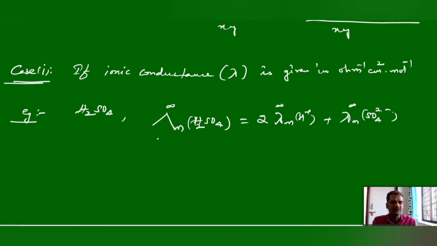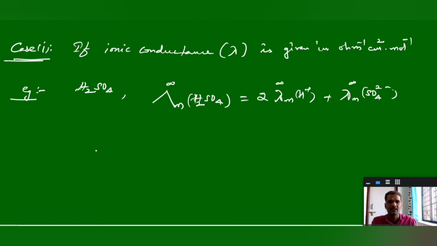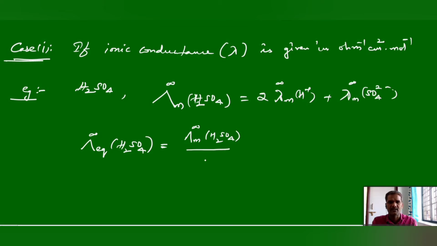And if they ask for the equivalent conductance of H2SO4, what is the equivalent conductance? Then the formula for equivalent conductance at infinite dilution will become like this: it is equal to molar conductance at infinite dilution by n factor. What is the n factor? The n factor is 2.